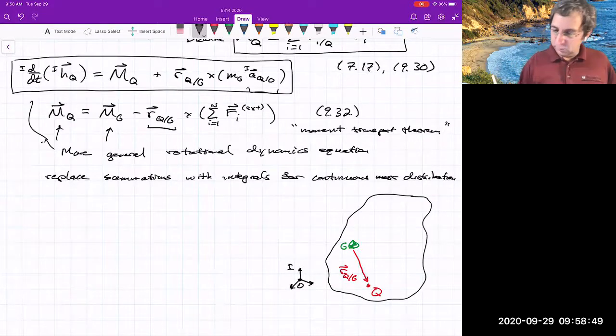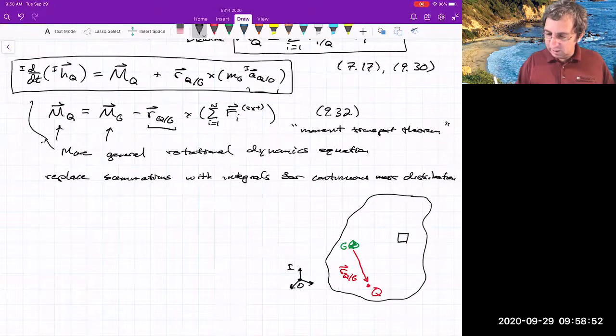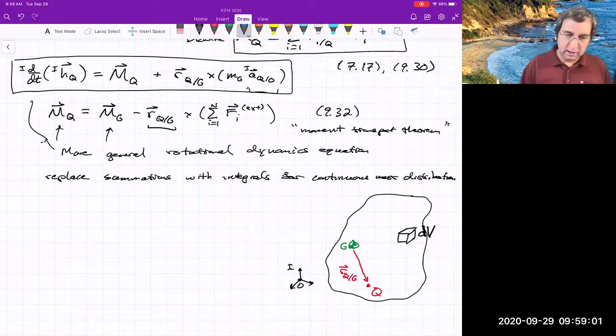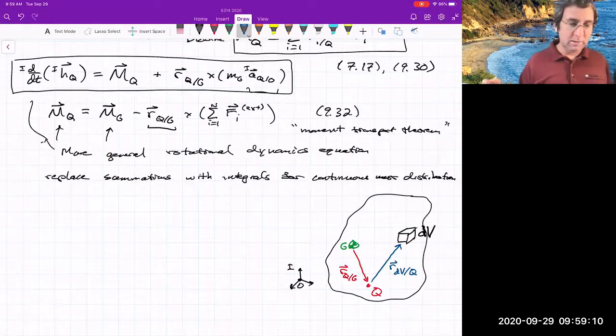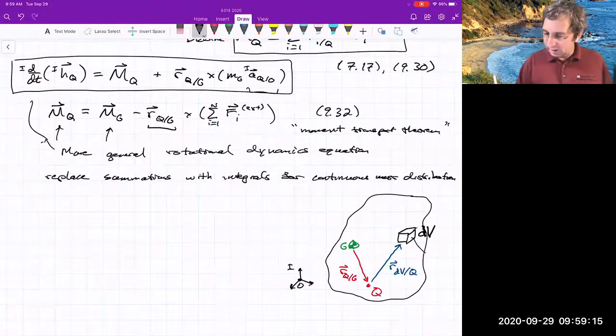We'll be summing over a 3D distribution. So here's our volume element, I'll call it dV. And we've got the location of each of these volume elements with respect to Q, so dV slash Q. Inside here, we've got a density. We'll write this as the density at this location, dV slash Q.